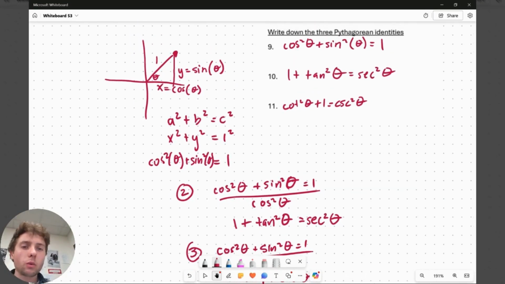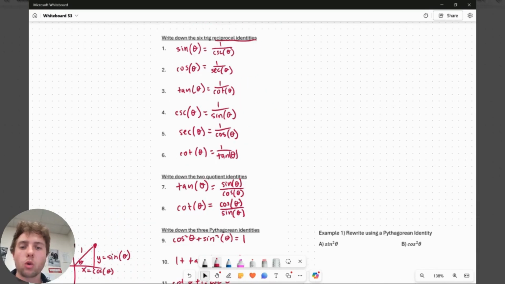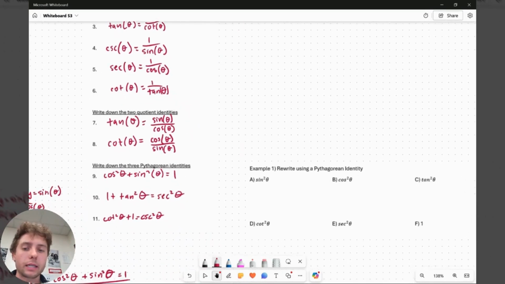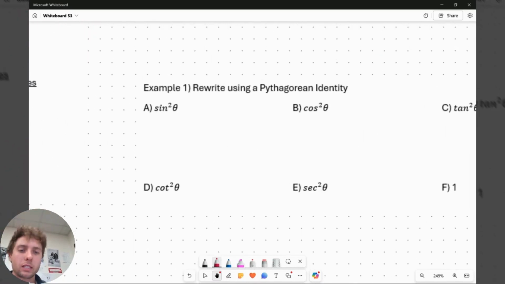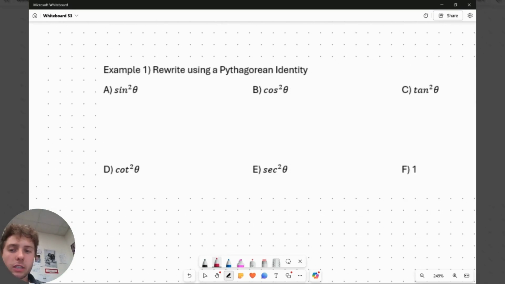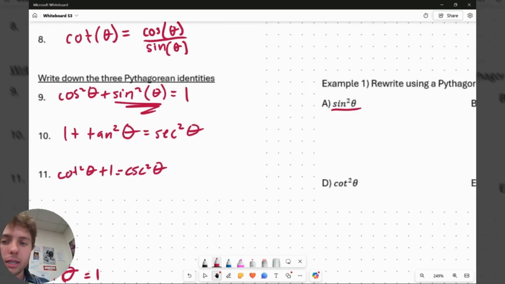So now that we know what the Pythagorean identities are, and we remember our quotient and our reciprocal identities, let's start to utilize that and try to rewrite some of this. For example, if I want to rewrite sine squared theta, I know that sine squared theta occurs in the first Pythagorean identity.